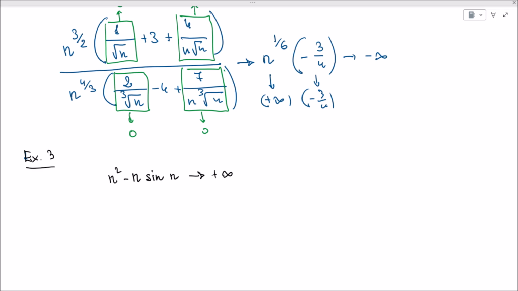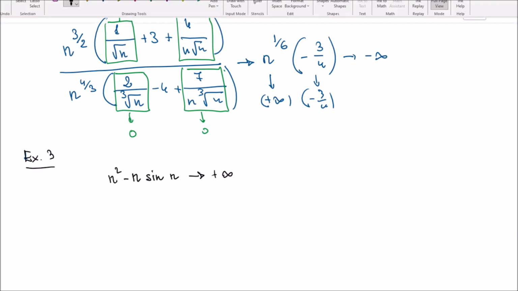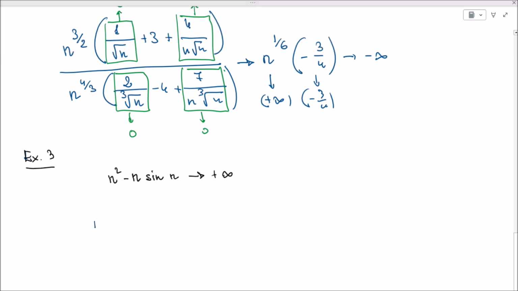So if we want to prove this, we can say that n squared minus n sine of n can be reformulated as n times n minus sine of n.